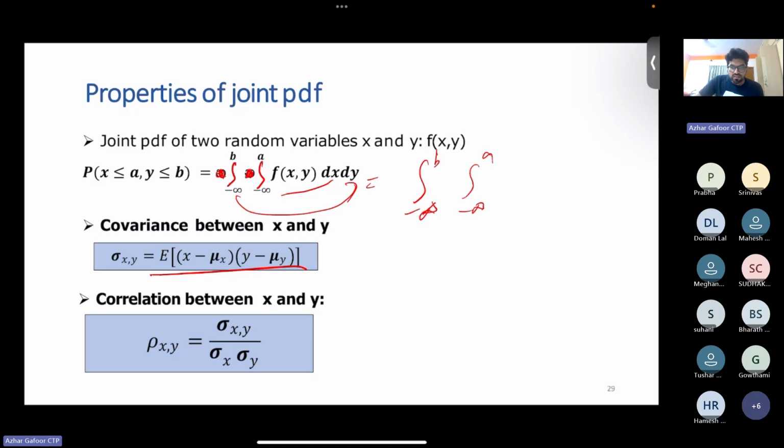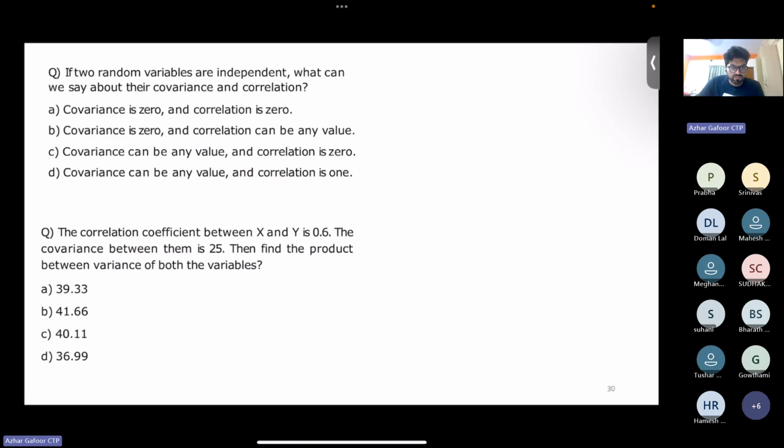Okay, so we are running out of time, so we'll have a few more questions. If two random variables are independent, what can we say about their covariance and the correlation?